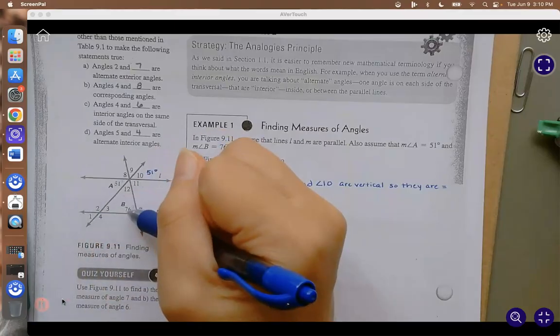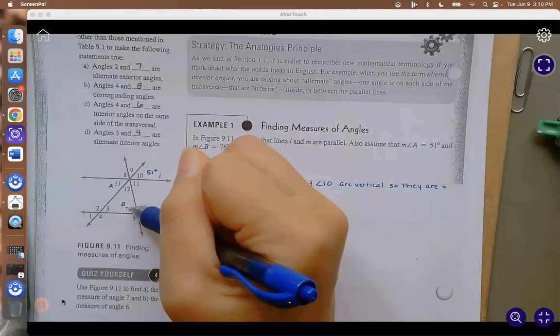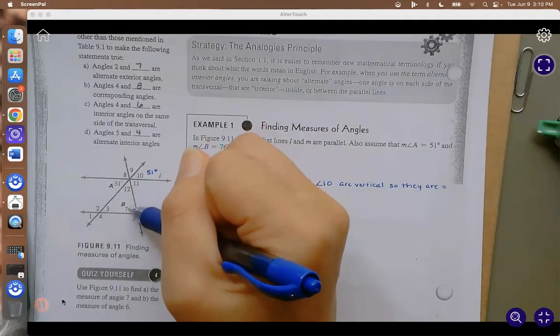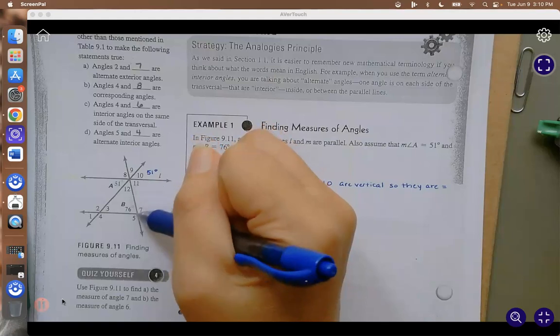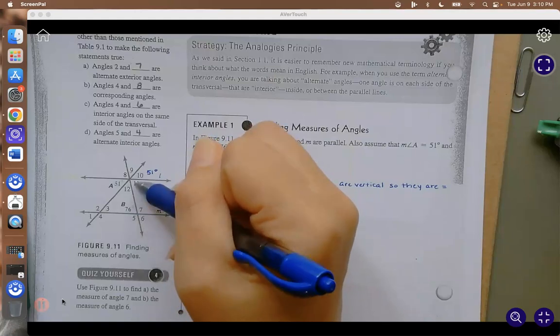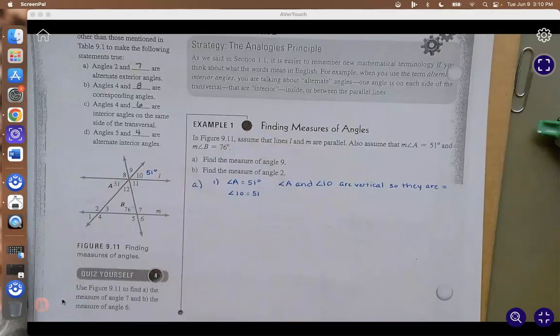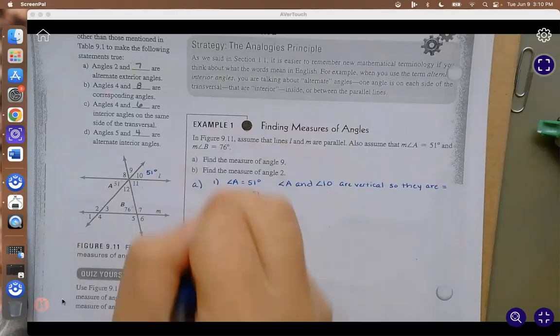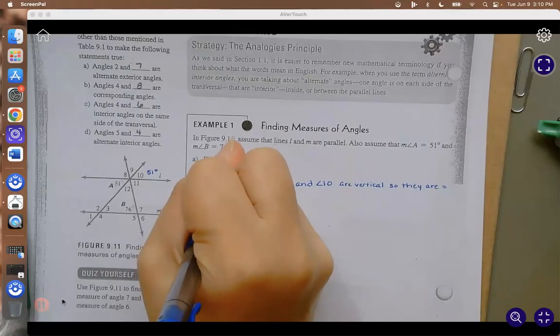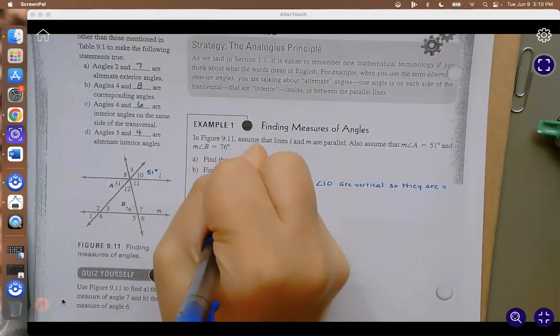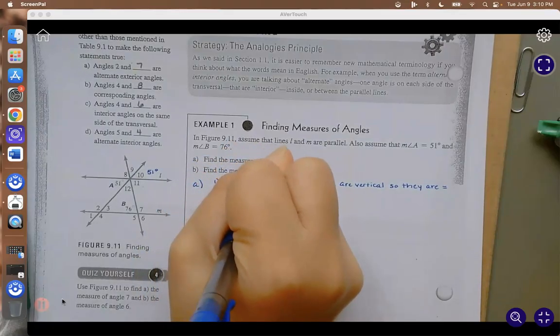Well, if I look right here, what are these two to each other? They're inside, but opposite sides. What do we call that? They're alternate interior. So step 2, angle B is 76 degrees.